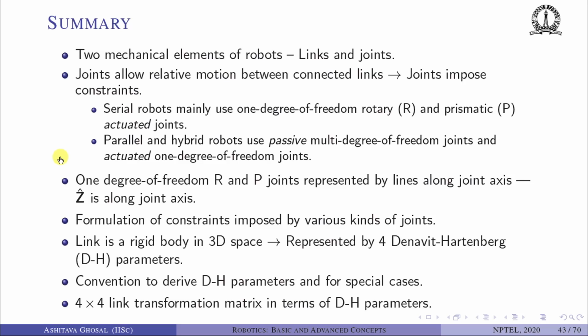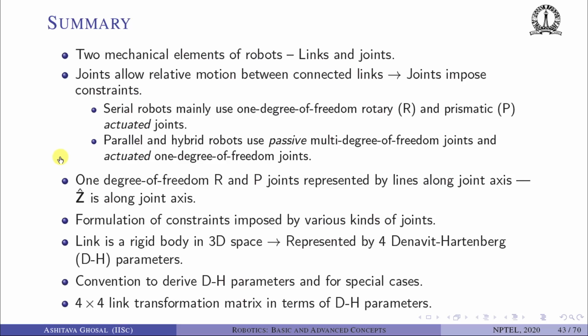So I showed you how to obtain the 5 constraints for a rotary joint connecting two rigid bodies. 2 came from a matrix equation relating the orientation of the second rigid body with respect to the first rigid body, and 3 came from the position vector of a point on the joint axis.